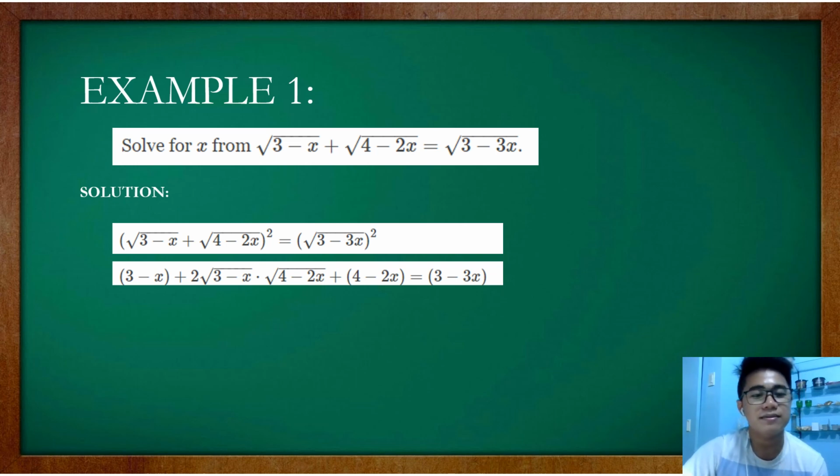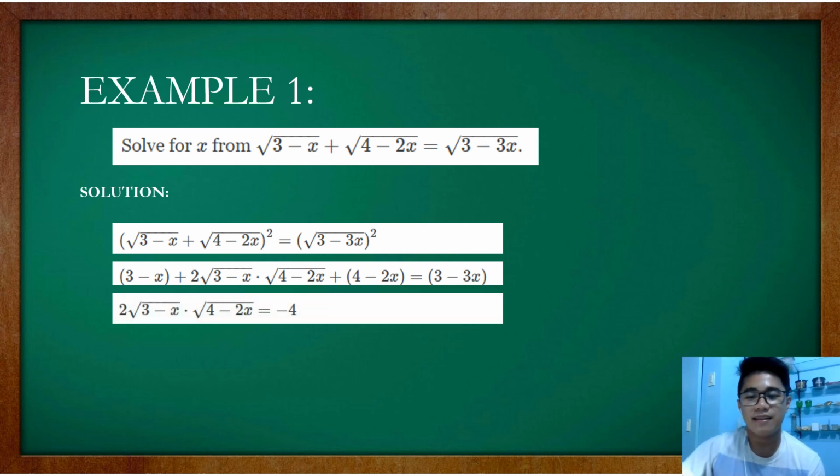Ayan. So, next. At least, di ba, nawalan yung square root yung isa. So, parang makikita nyo, mas tumaas. Pero, natanggalan tayo ng square root. Ayan. So, i-simplify lang po, no, yung nasa itaas.